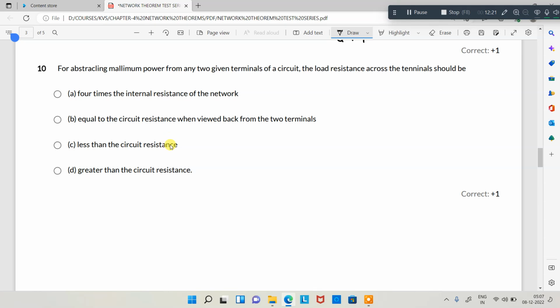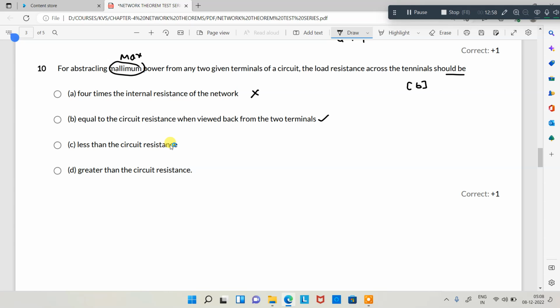For obtaining maximum power from any two given terminals of a circuit, the load resistance across the terminal should be... Okay, see here, 4 times the internal resistance of a network, no. Already the maximum power transfer theorem statement from our theory class: equal to the resistance when viewed back from the terminals, right?